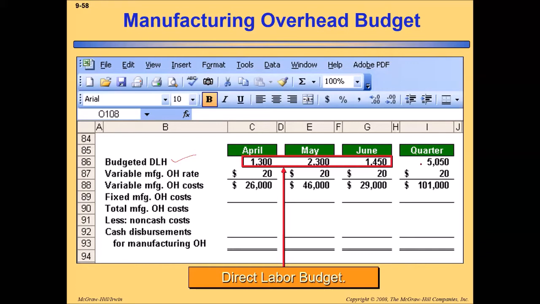In total, we need 5,050 direct labor hours. The variable manufacturing overhead rate is $20 per direct labor hour. So multiply both of these and we will get the variable manufacturing overhead cost for each month and for the whole quarter. Fixed manufacturing overhead cost is 50,000.